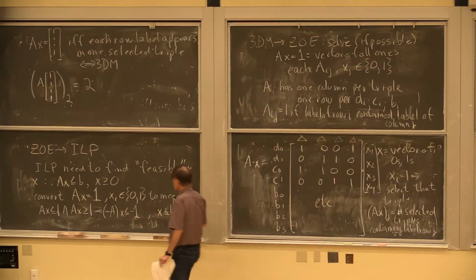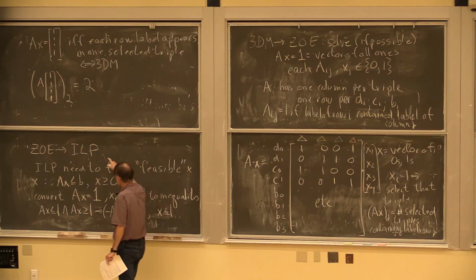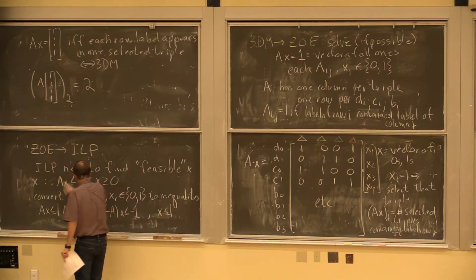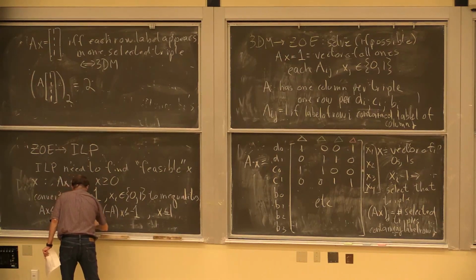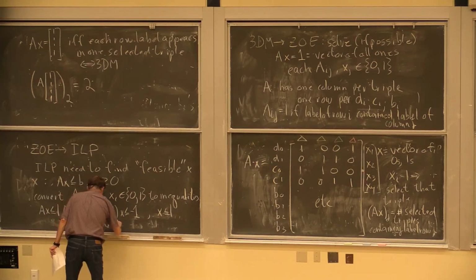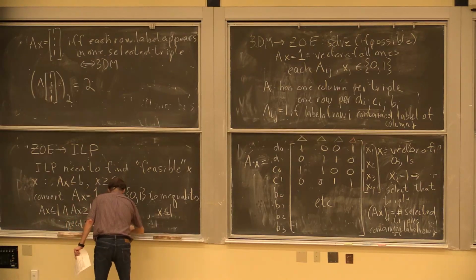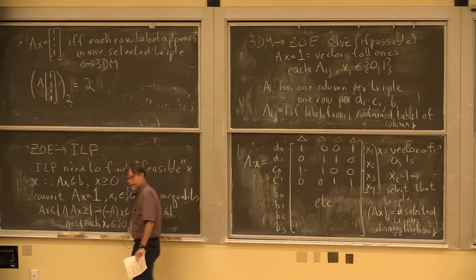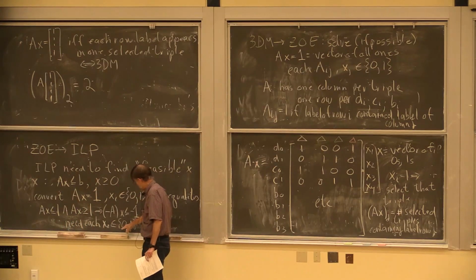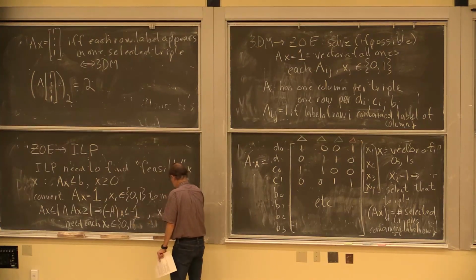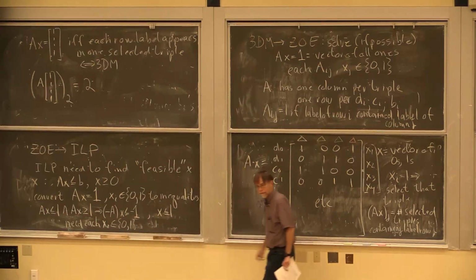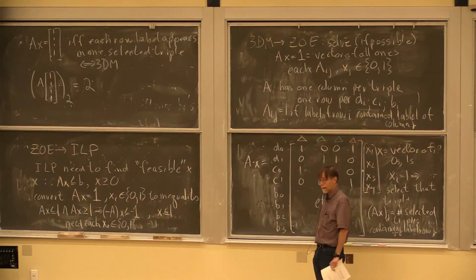So, because I want to find a solution to my 0, 1 equations, I need each x sub i to be either 0 or 1. And since it's an integer, if I insist it's at least 0 and at most 1, those are my two possibilities. And it's at least 0, and it's at most 1.